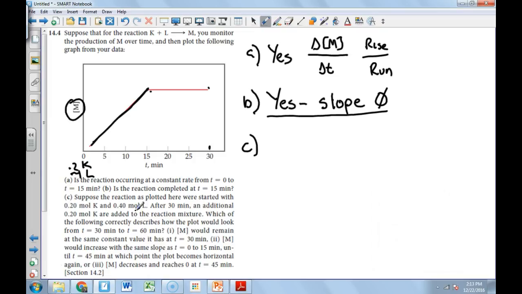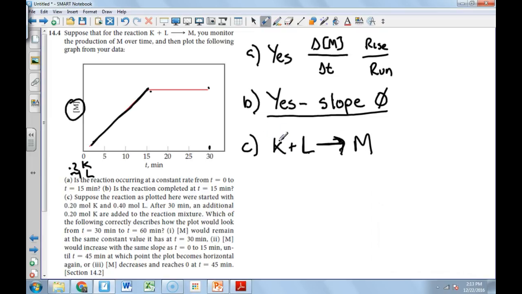Which of the following correctly describes how the plot would look? It gives us a whole bunch of options. So we have K plus L reacts to form M, and this just means that this reaction is done.